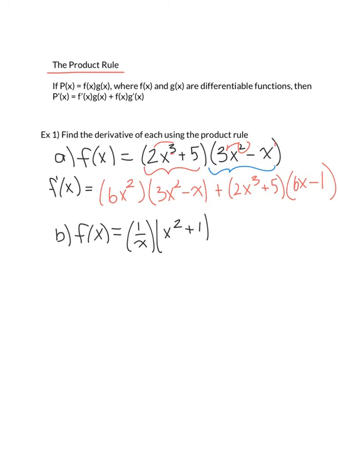My next example is f of x is equal to 1 over x times x squared plus 1. So again, I have my first function being 1 over x and my second function being x squared plus 1. Now, before I start this one, I am going to rewrite this just like we've talked about so that it is x to the negative 1.